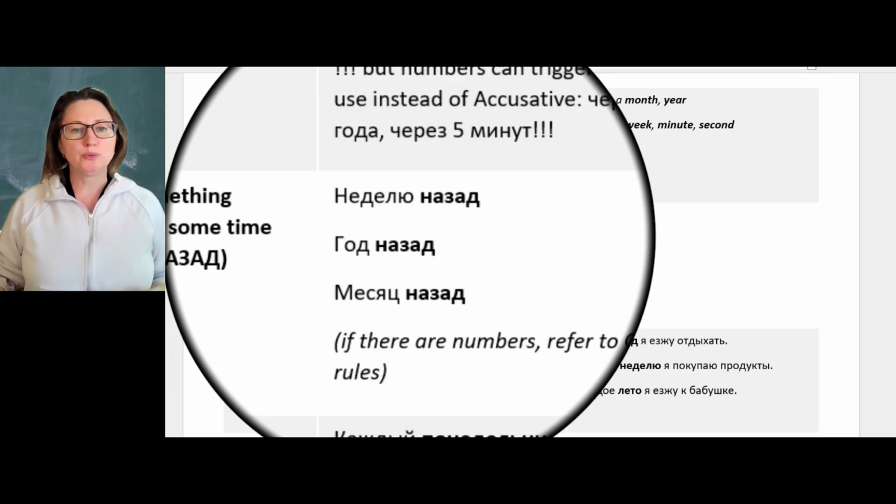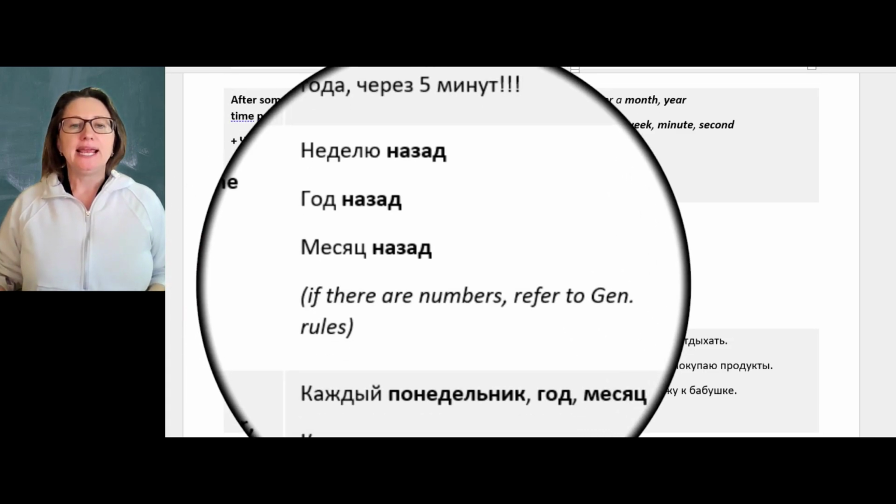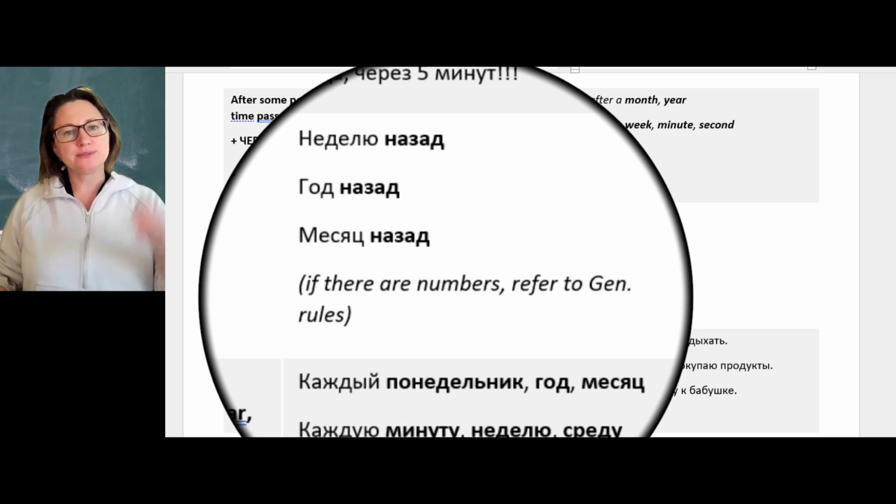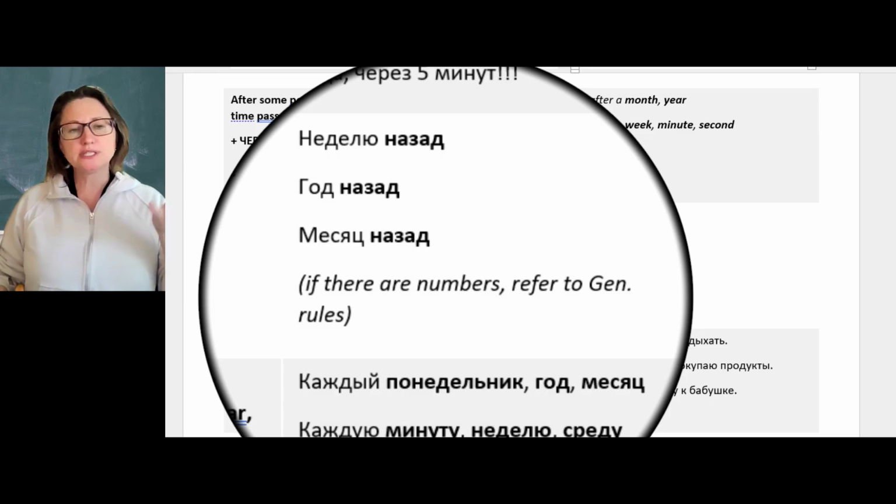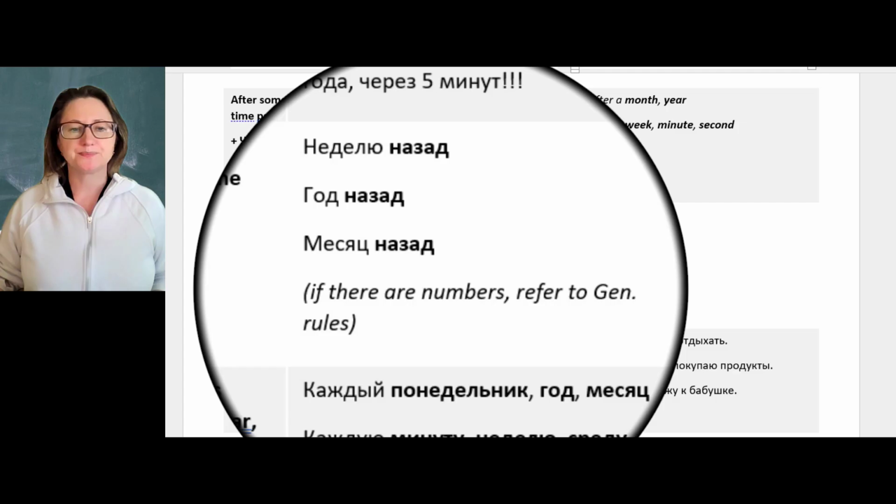So a week ago would be неделю назад. A year ago, год назад. A month ago, месяц назад. A minute ago, минуту, accusative, назад. And again, if there are numbers, then numbers will overrule accusative, and we'll be dealing with either genitive singular or genitive plural.